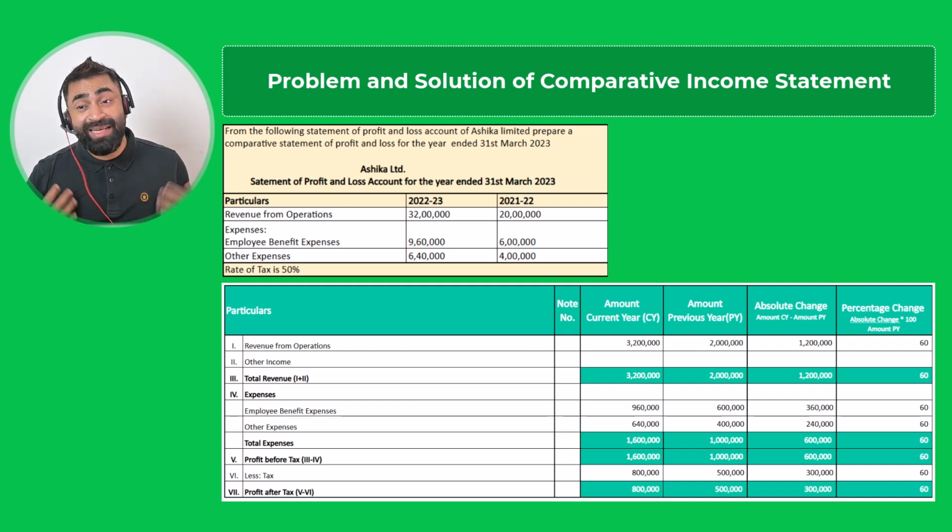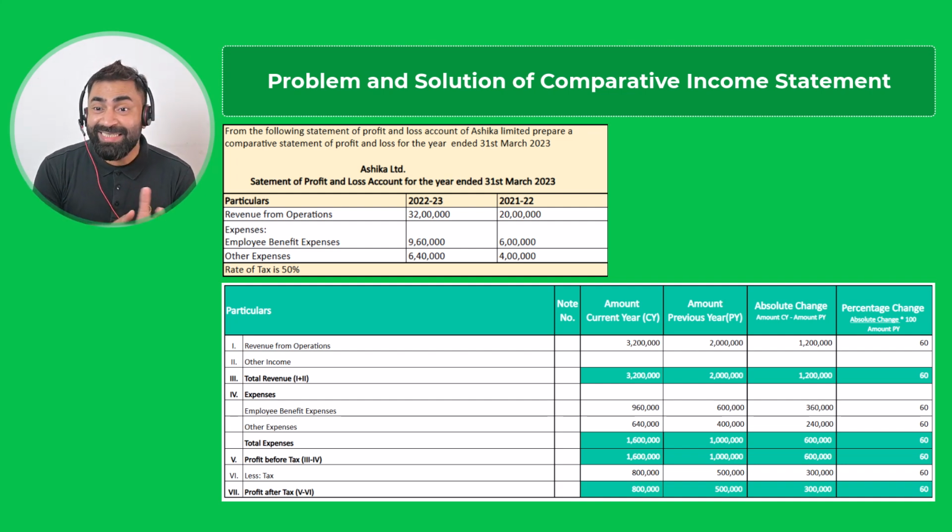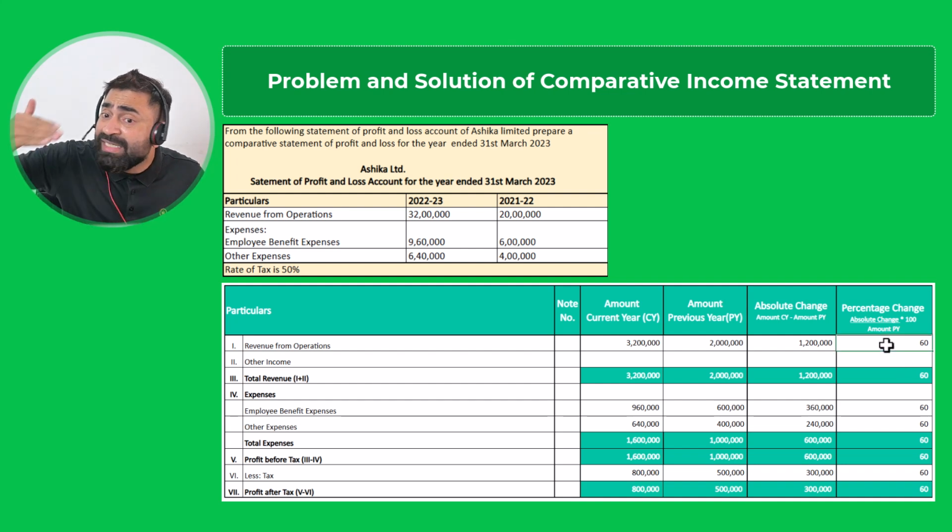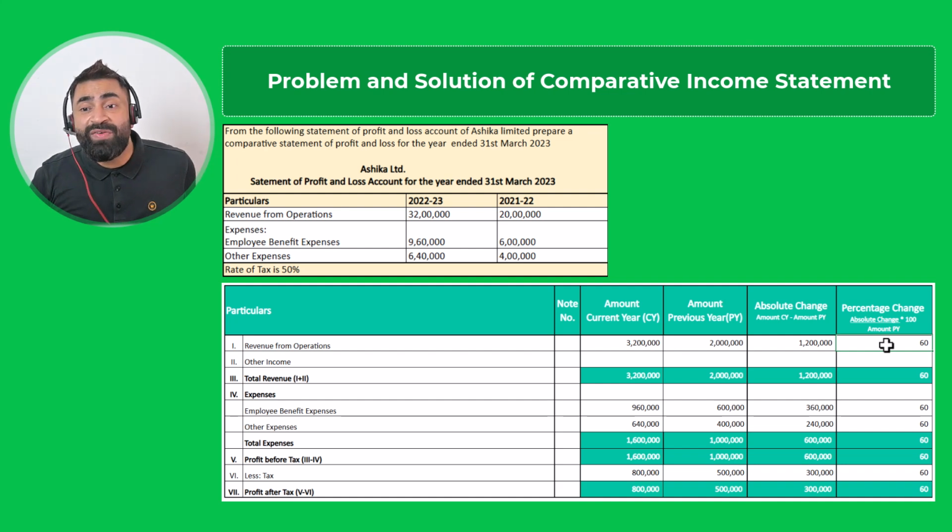Now I think it's lucky for me that I got a problem to solve which has all the calculations coming to same percentage, but that's not the case always. So please do not think that somewhere I saw someone solving a problem of income statement, the first percentage for them came up to 60% and everything else was also same. So when I'm solving a problem, my first percentage is 40%.